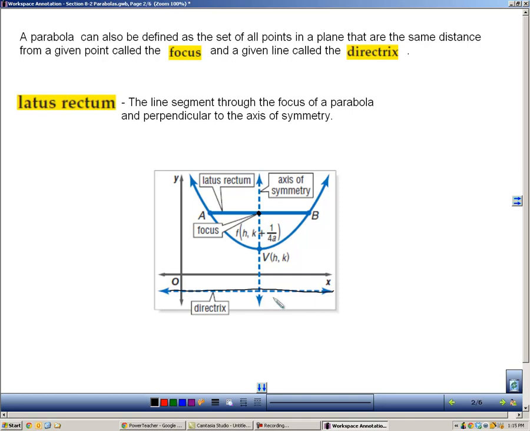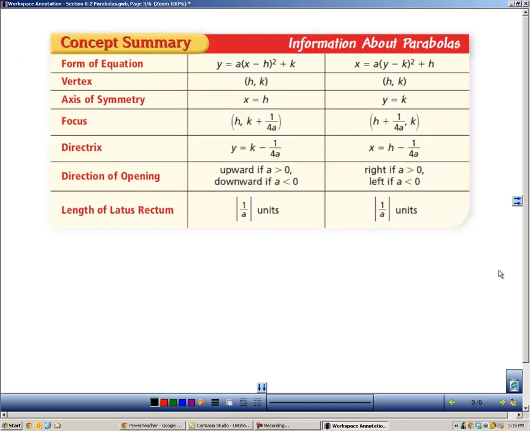It's the same distance. Another definition is this thing called a latus rectum. That is the line that goes through the focus and is perpendicular to the axis of symmetry. So you see that line right here. There's all these different characteristics that help us describe what a parabola looks like. And if you look at this concept summary, you'll see it's all summarized for you right here.